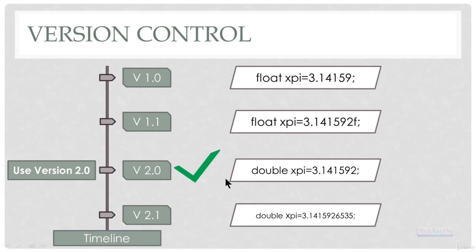Now imagine the client has asked us to use version 2.0 rather than version 2.1. So what will we do? We will no longer develop our code over version 2.1, rather we will start making use of version 2.0.